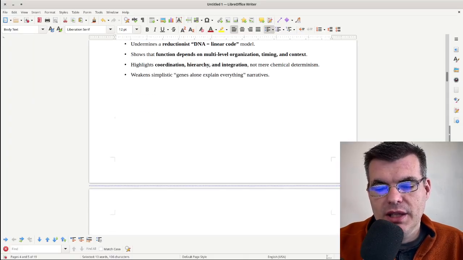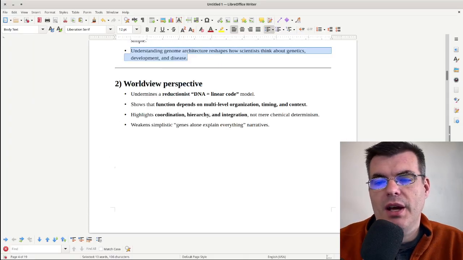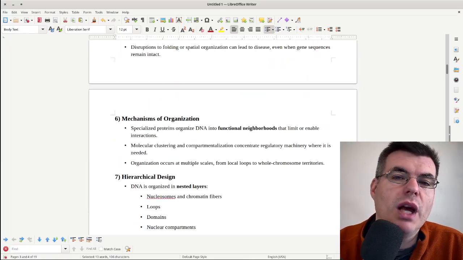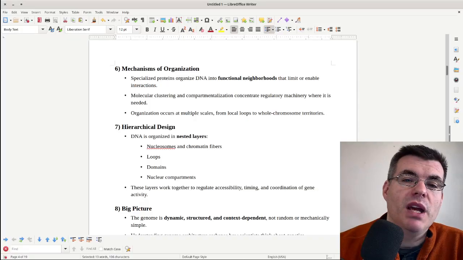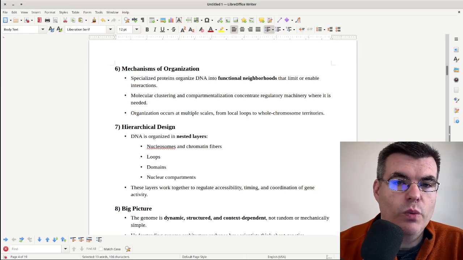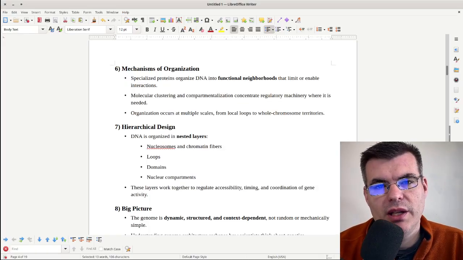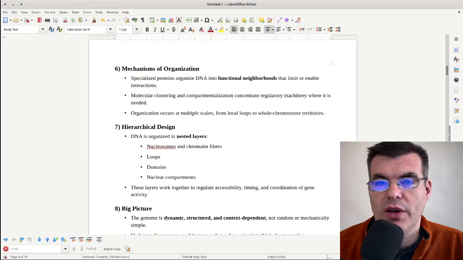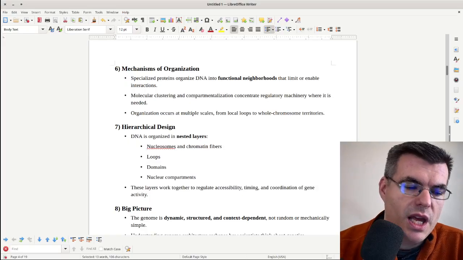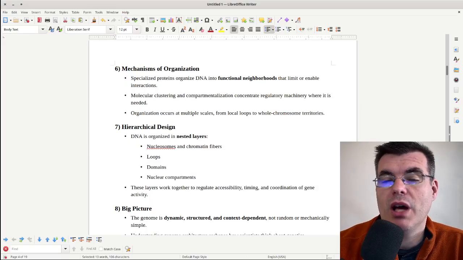I think this is important because it shows that there's more to life than just a simple code, which makes life way more complex, way more meaningful, and way more meaning packed within this 3D organization of DNA and other codes that tell the cell what to do and how to do it.